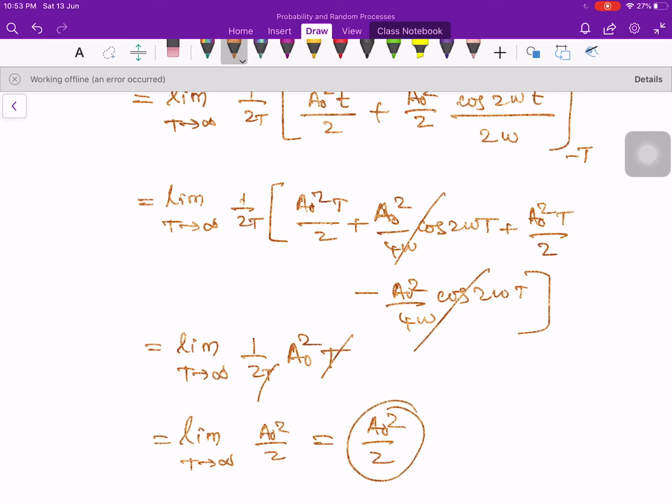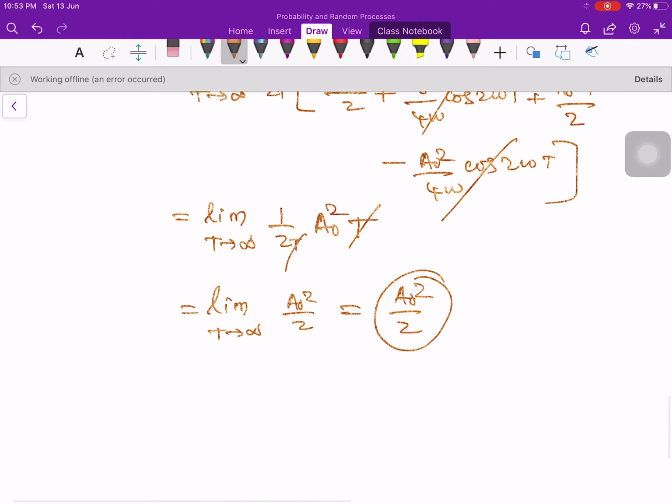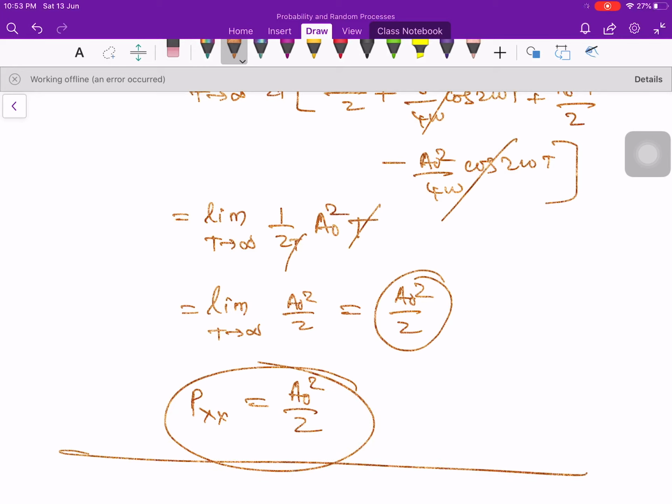So this is the average power of the given random process X of t, where Theta is uniformly distributed between 0 and pi by 2. Okay, so P XX, average power, is equal to A naught square over 2. That's it. Okay, thank you.